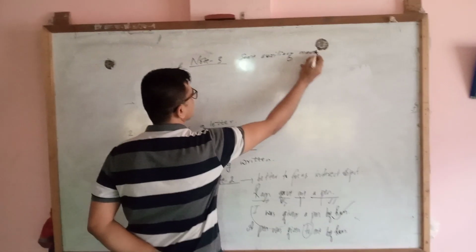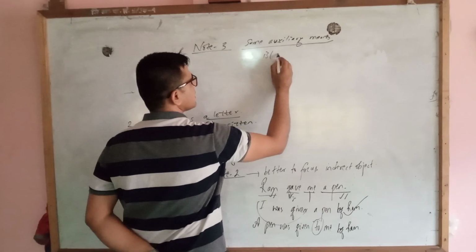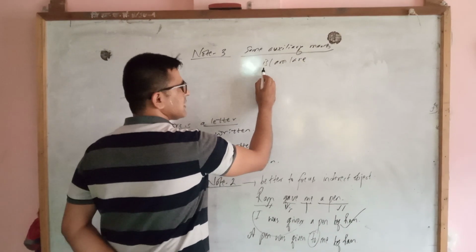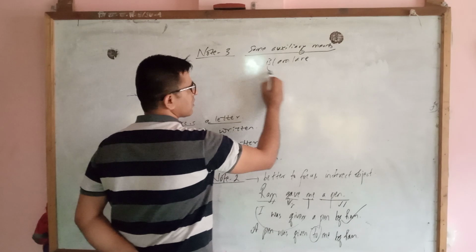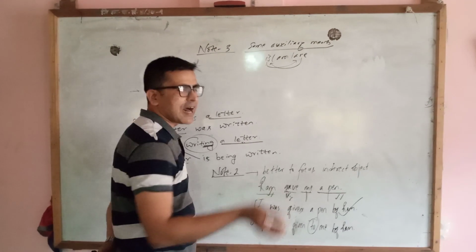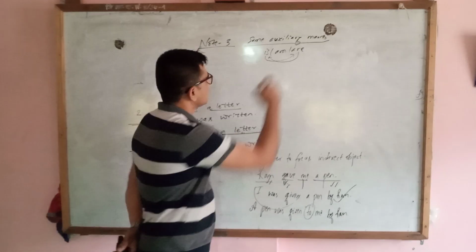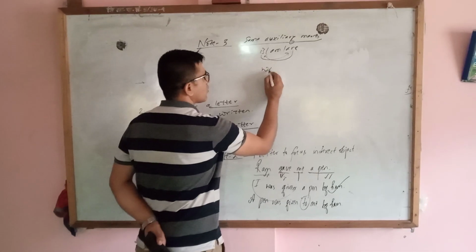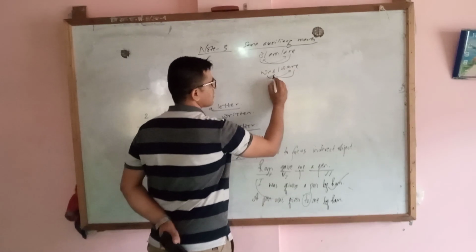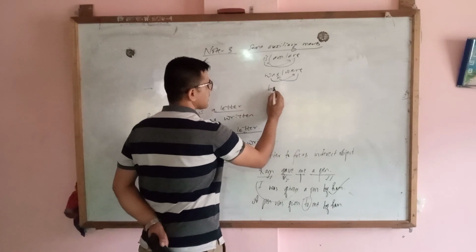Same auxiliary means you have to be careful in these three items. Is, am, are. They are the same auxiliary, and is comes in singular, are comes in plural. Look at that. Instead of is, are. Instead of are, there can be is. Was, were. Same auxiliary. Sometimes was into were, has, have.